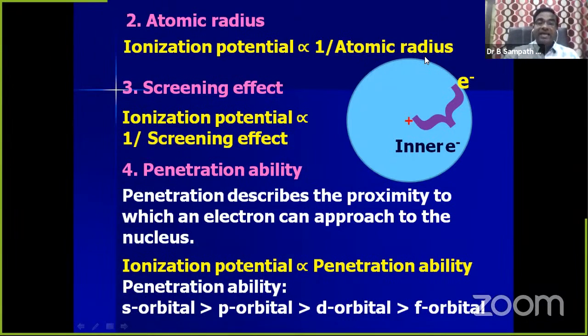The nuclear attraction over valence electrons increases, and then it is difficult to remove the valence electron with the minimum amount of energy. That's why we have to supply more amount of energy. Therefore, ionization potential is high. If atomic radius is more, IP value is less. If atomic radius is less, IP value is more.